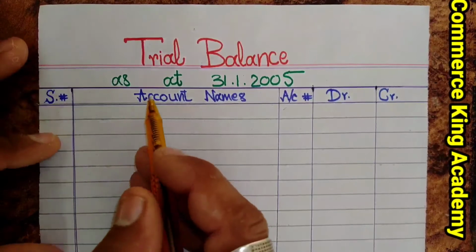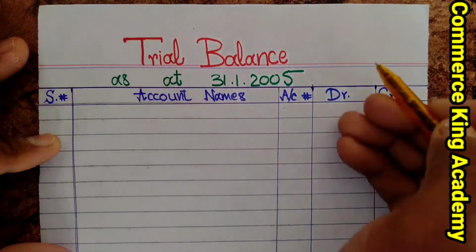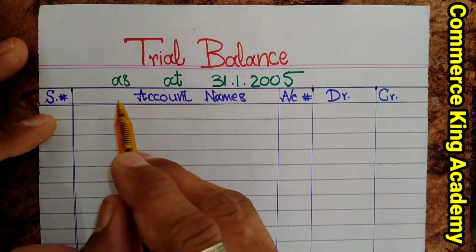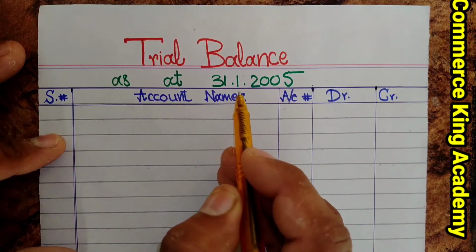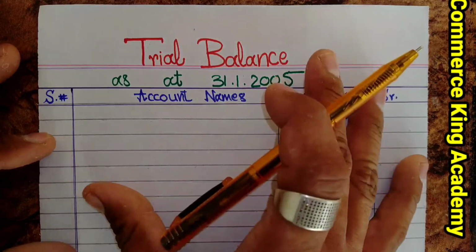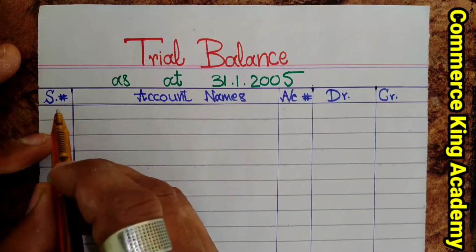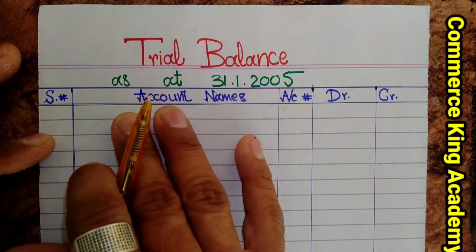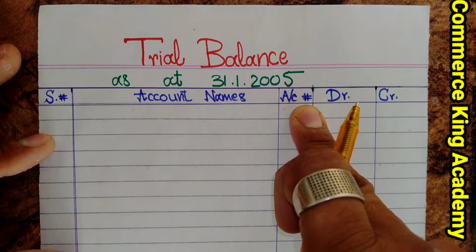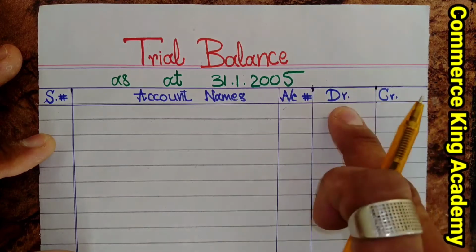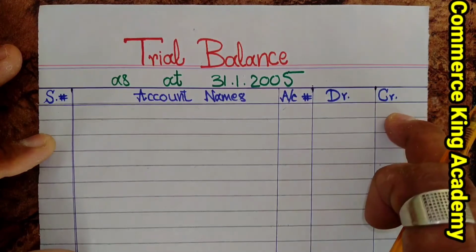You can see here, this is the format or structure of the trial balance. Trial balance: name, date as at 31st/1/2005. Okay, this is the serial number column. This is the account names column, and the account number or ledger folio number of ledger accounts, then the debit column amounts and the credit column amounts.